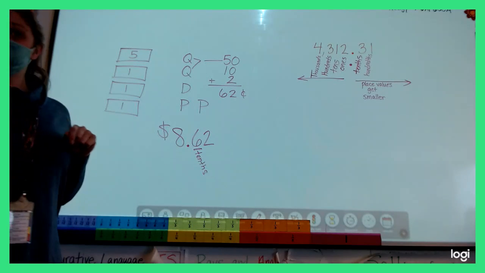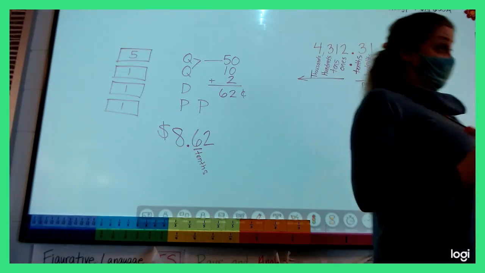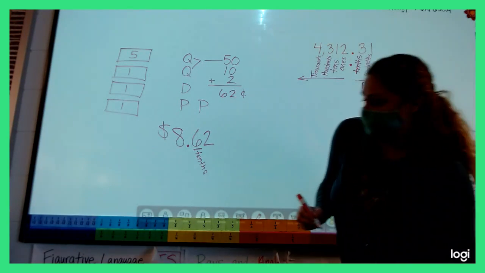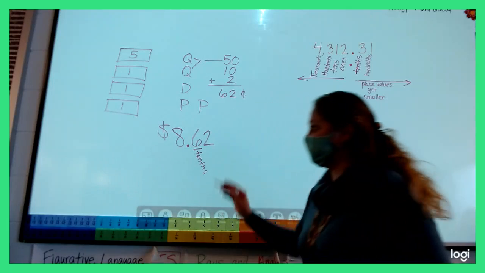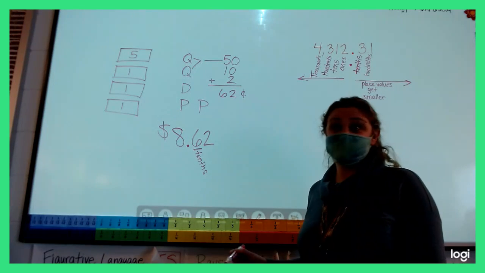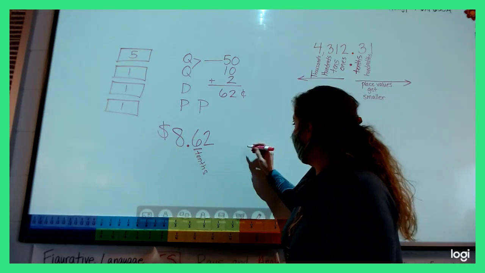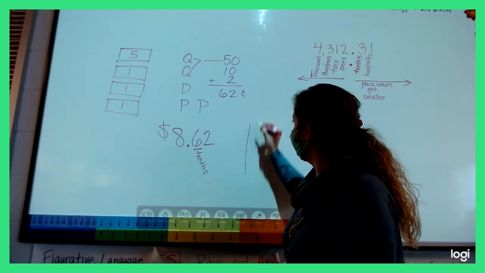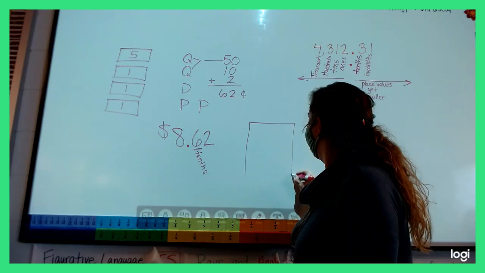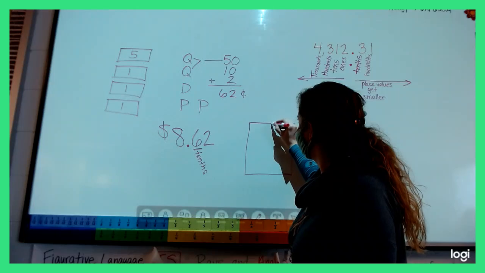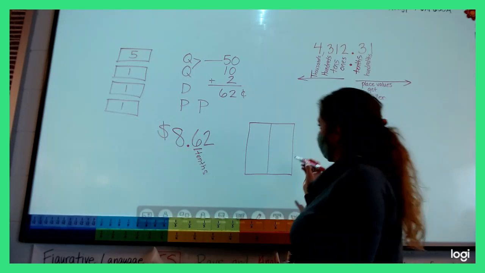So the number after the point is the tenths place? Yes. Now, we're going to draw a little picture to show why. I'm not going to make you draw the 8 whole things, okay? Let's pretend they're on our paper because that's a lot of work. But we are going to draw one grid, okay? Make it into tens first. We did one of these yesterday.